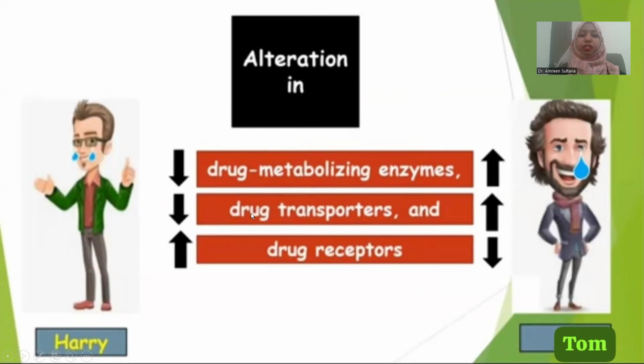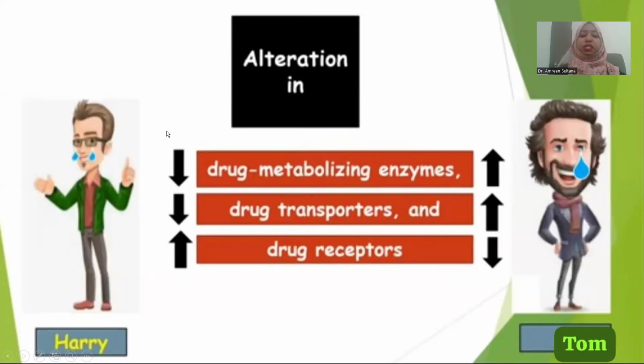Now the second case, drug transporters. Drug transporters means elimination of the drug, so elimination of the drug is also decreased here. Now the third condition, drug receptors. In the drug receptors, it has been increased.